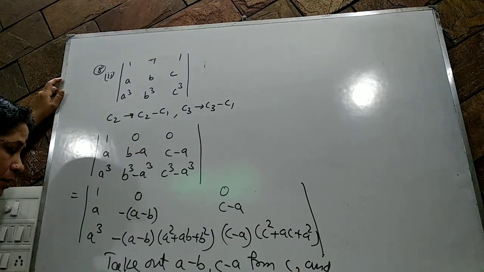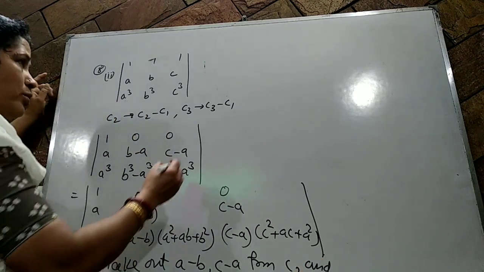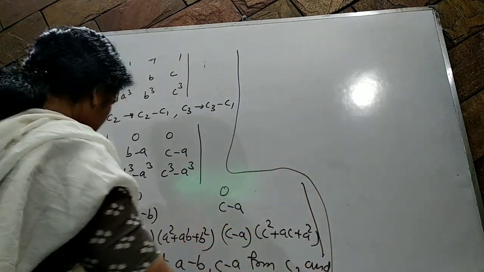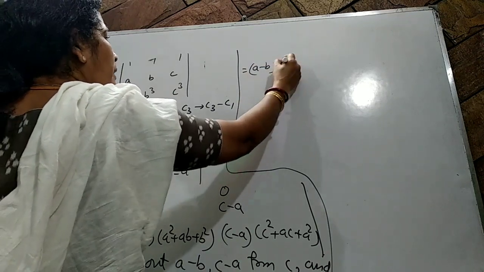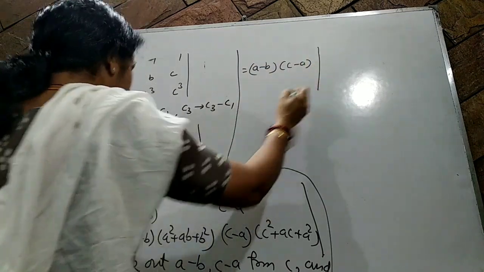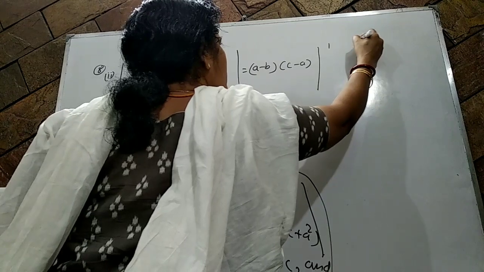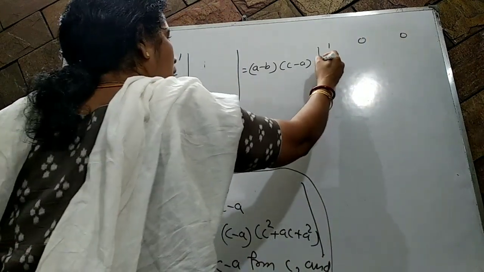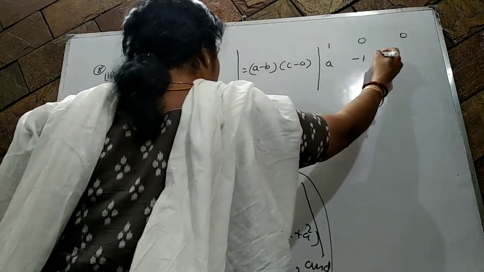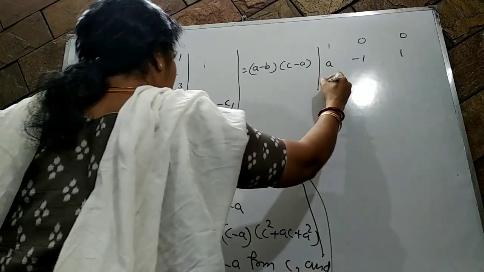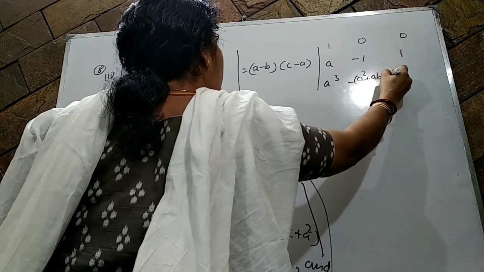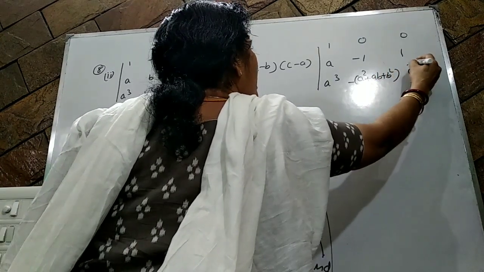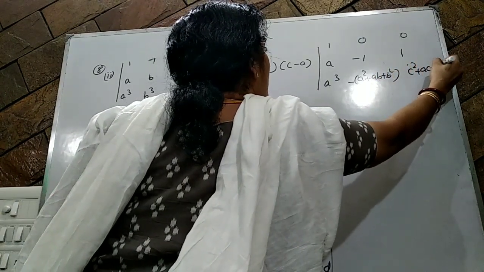Then that is equal to A minus B into C minus A, and remaining we have 1, 0, 0; then 1, minus 1, 1; then A cube, minus A square plus AB plus B square, and C square plus AC plus A square.